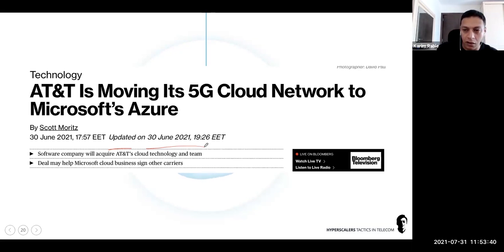It's quite interesting. There are a lot of other details that we don't know, and maybe there are many things that are not technical. But AT&T was taking the community towards open source, towards ONAP, towards these kinds of open integrations, and now is going to Microsoft Azure, and even leasing the team to Microsoft.